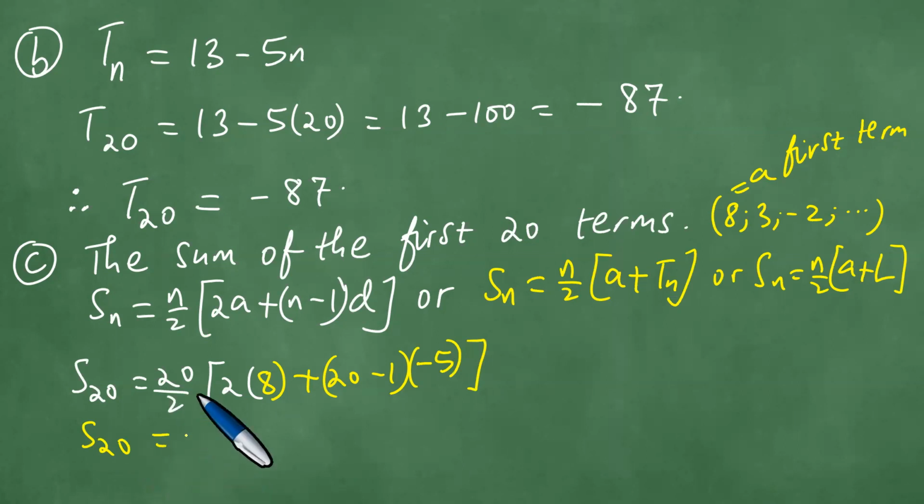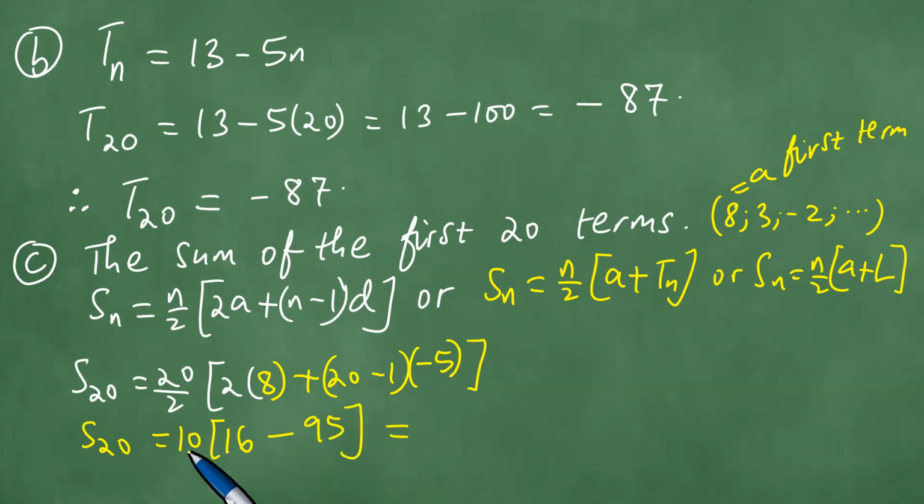Like 20 divided by 2, we know it's 10. We know that 2 by 8 is 16. And then we know that 20 minus 1 is 19 by 5. What is 19 by 5? Because there's a minus, then you have a minus 95 here, like this.